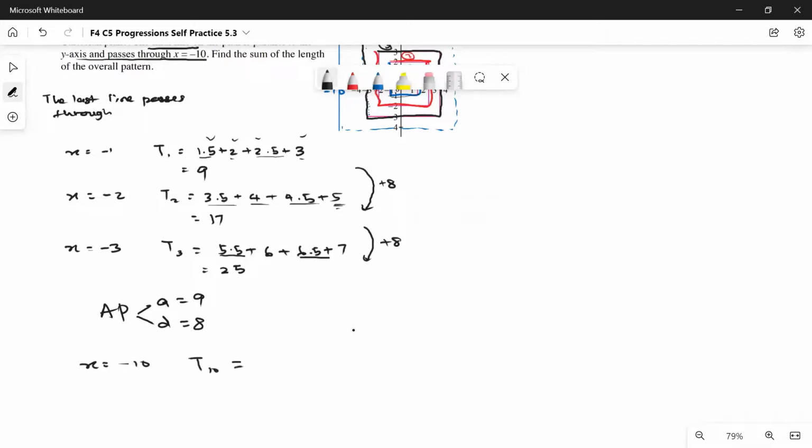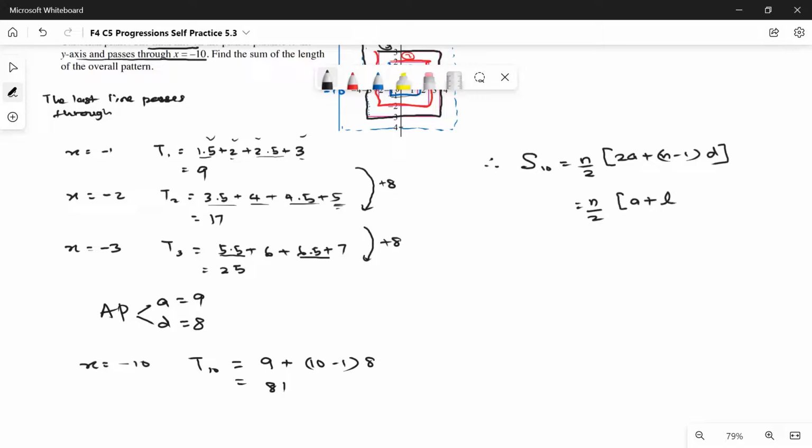The 10th term can be written as 9 plus 10 minus 1 times d. Anyway, this is not what we want. We want to find the sum of the first n terms. So we have 81. Therefore, to find the sum of the first 10 terms, that will be n over 2. You can use the formula 2a plus n minus 1 d, or since I know my last term, I can also use n over 2 times the first term plus the last term.